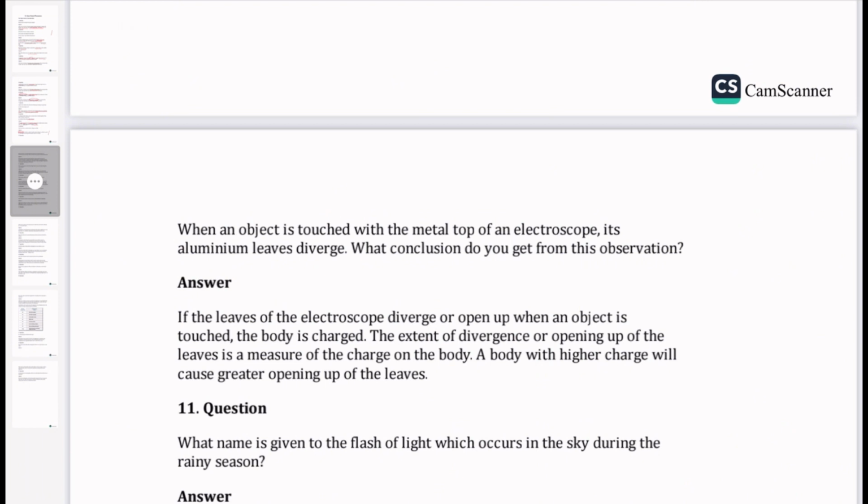When an object is touched with the metal top of an electroscope, its aluminium leaves diverge. What conclusion do you get from this observation? That is, when an object touches the metal top, what happens?